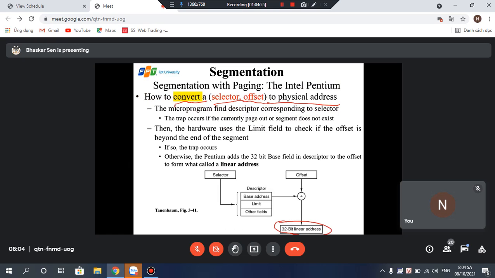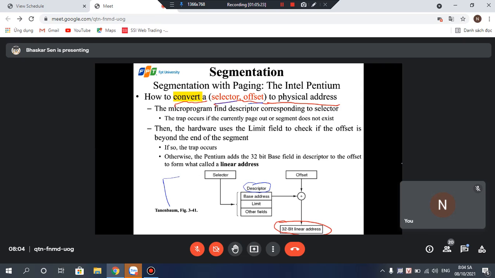How the conversion takes place, that is the most important part. When it comes to the conversion, again, we have a collection of selector and offset. By using the 13-bit part of the selector, you can find out where exactly in the descriptor table that particular base and limit is entered.